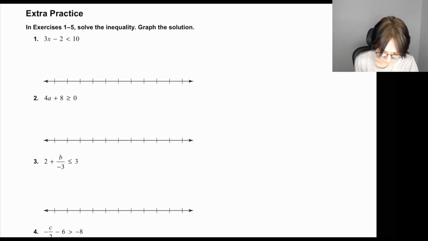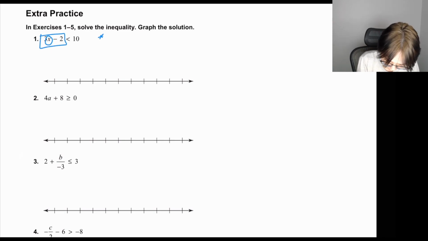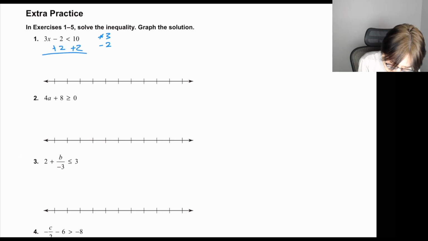Getting started on the first one, 3x minus 2 is less than 10. We have x right here. What's happening on this entire side? It's being multiplied by 3, and there's a minus 2. PEMDAS, take care of the minus 2 first. We're going to add 2 to both sides. Those cancel out. 3x is left over.